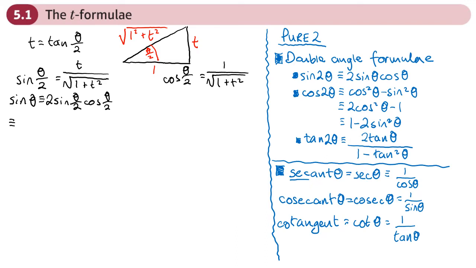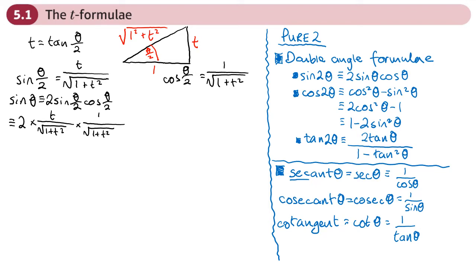So that will be 2 lots of sine theta over 2, which is t over root 1 plus t squared, times cos theta over 2, which is 1 over root 1 plus t squared.